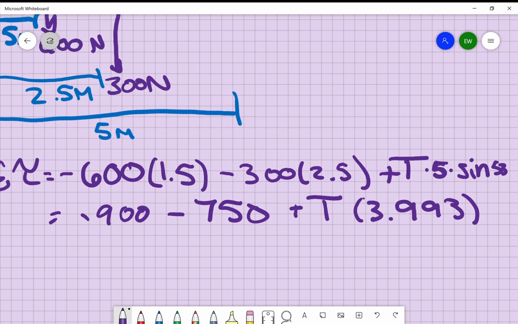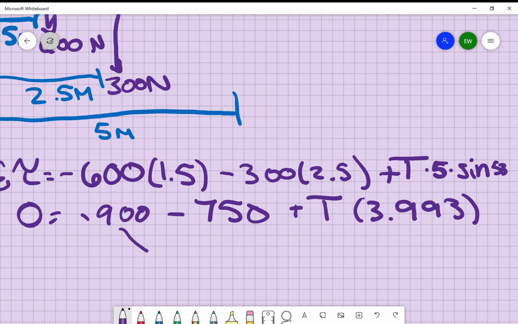All right, and this beam is perfectly balanced, or at least I hope so. So we're not going anywhere, which means it's going to be 0. This is simple algebra.